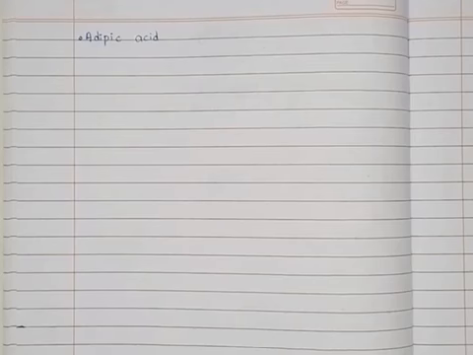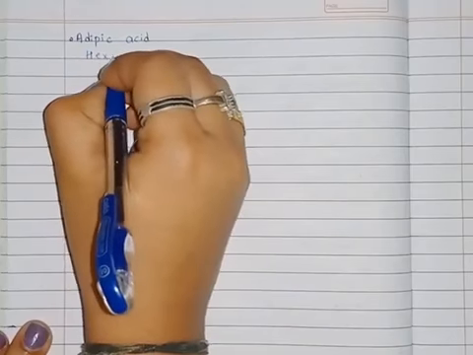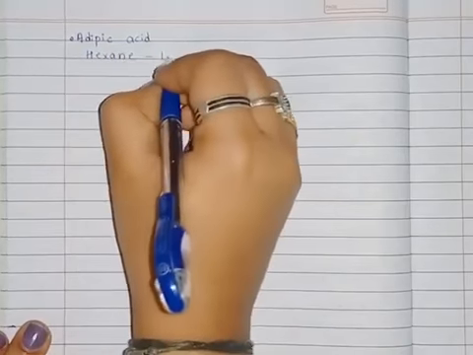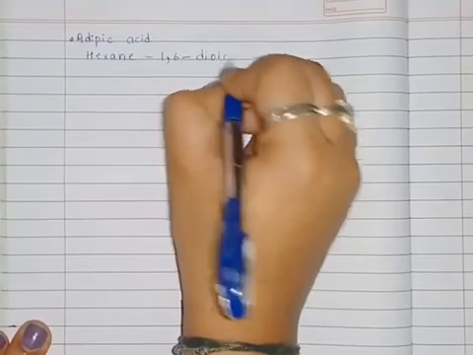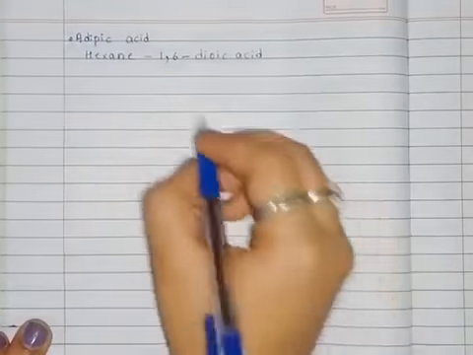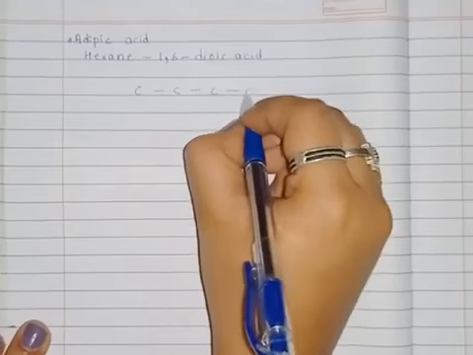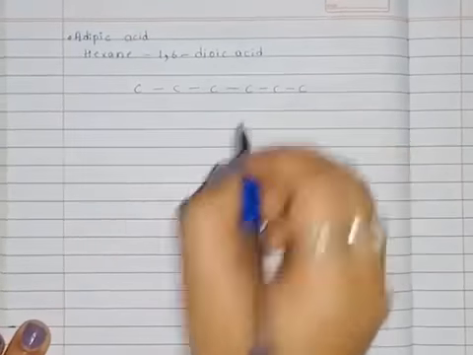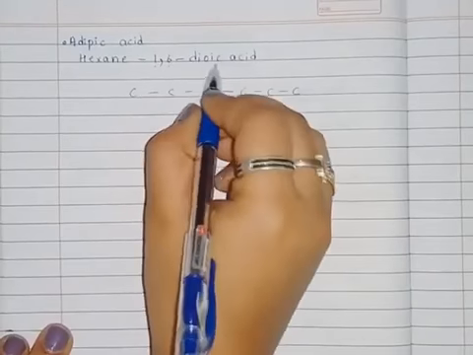So the first one is adipic acid. There's another name for this adipic acid. It is known as hexane 1,6 dioic acid. Okay, dioic acid. Hexane in sense 6 carbons. Okay, 1, 2, 3, 4, 5, 6. 6 carbons, and on the first carbon and 6th carbon there is a oic acid.